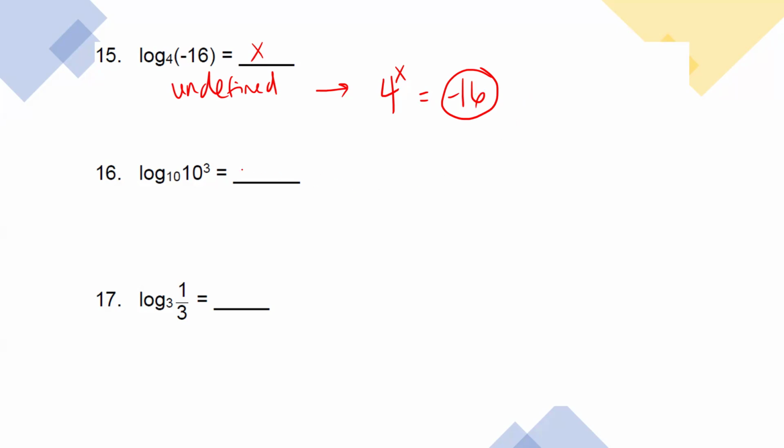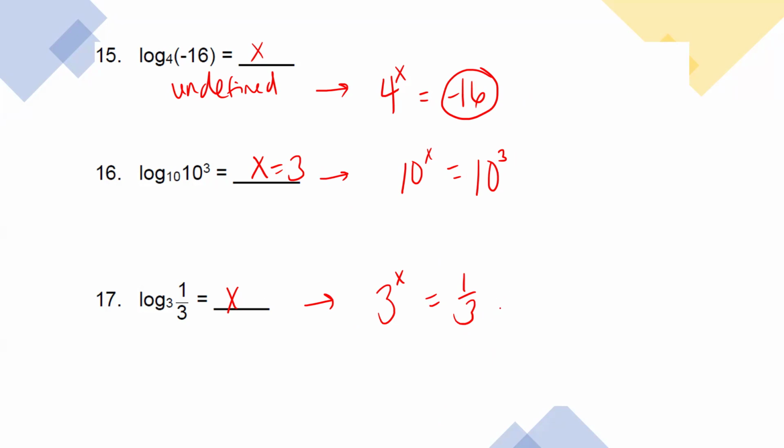Okay. All right, here, we need to find our x. Well, how do we rewrite that? So what is x? 3. Good job. 3 to the power of x equals 1/3. Okay. 1/3 can also be written another way.